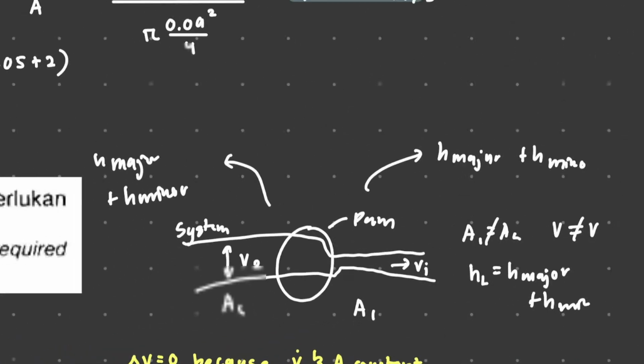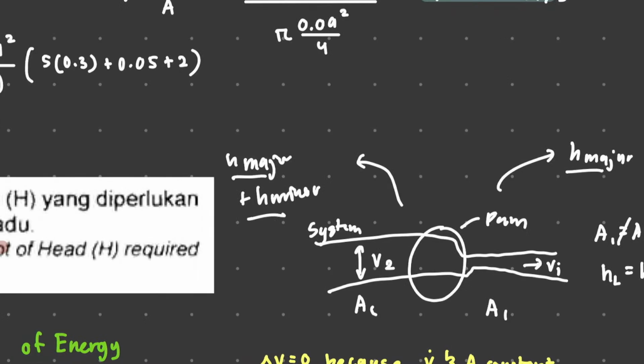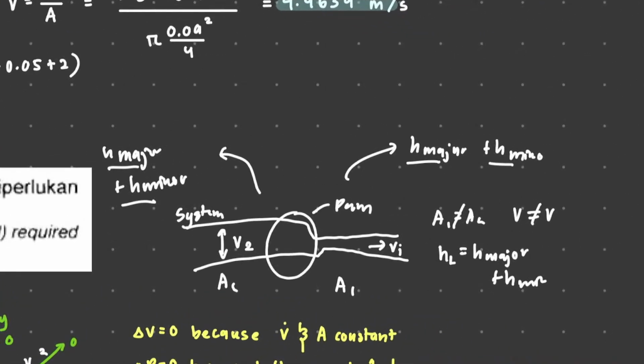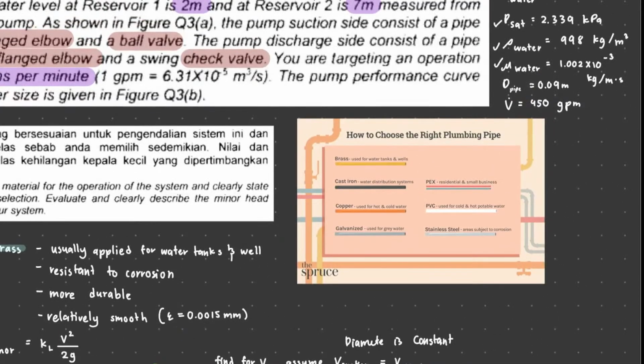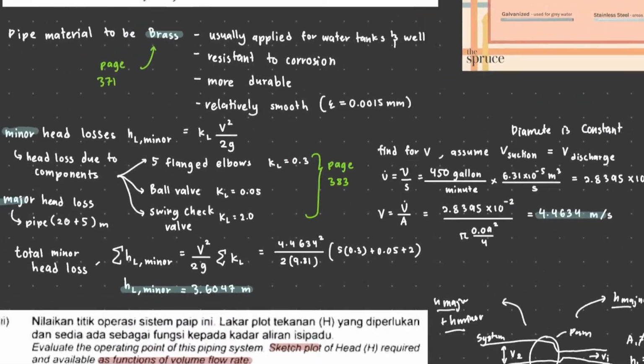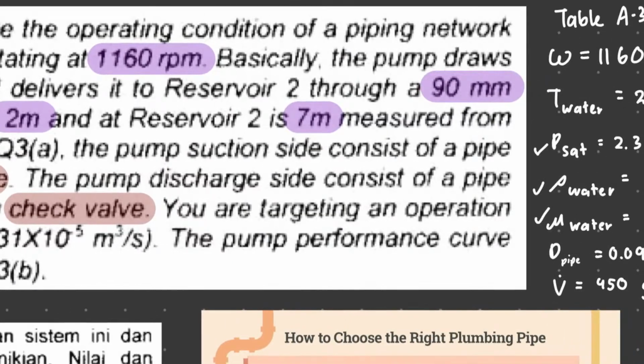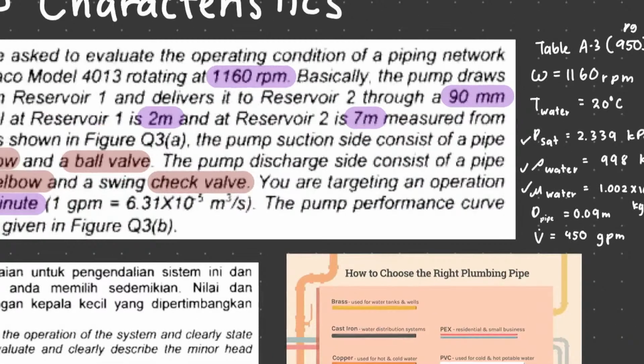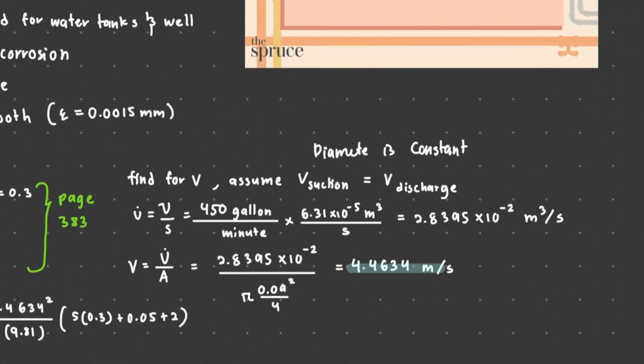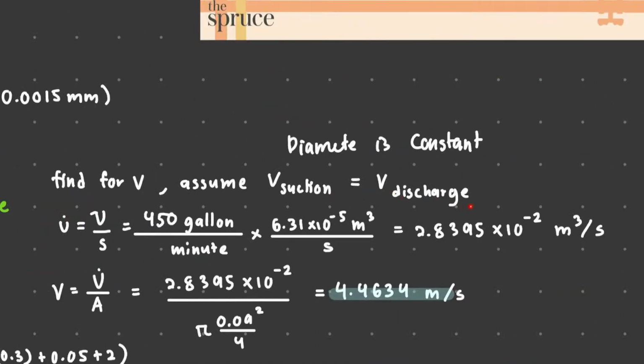If the velocity is different, the H will be different. So you need to calculate separately. But lucky for us, it has a constant diameter of 90 millimeters. So that is why I assume V suction is equal to V discharge.